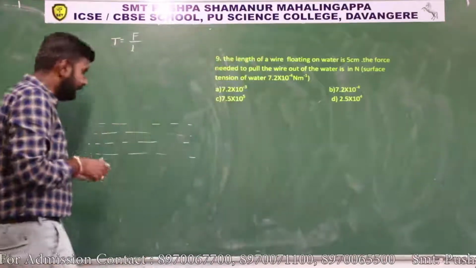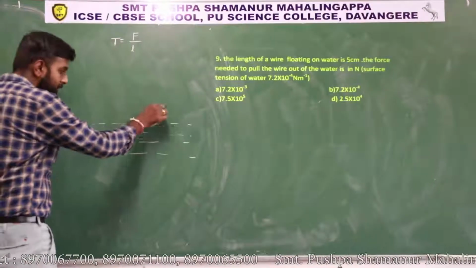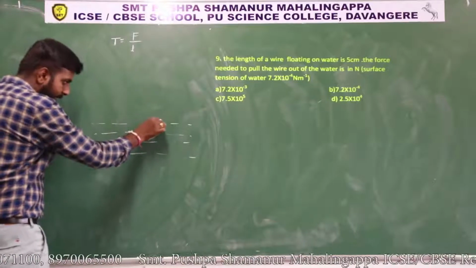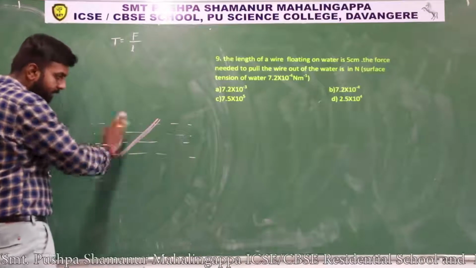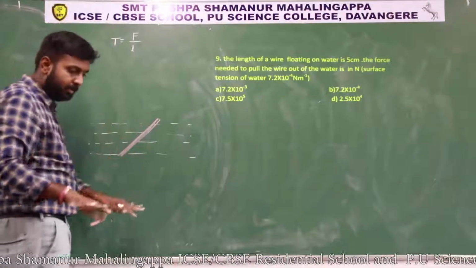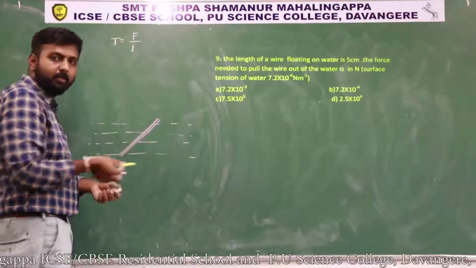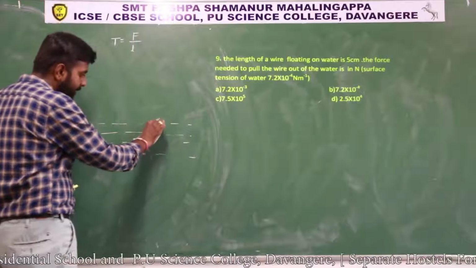Let us consider there is a wire. That wire is floating on this surface of the water. Let us say this is the top surface of the water. On the top surface of the water, like this, a lightweight wire is floating. In this way you can imagine the diagram.